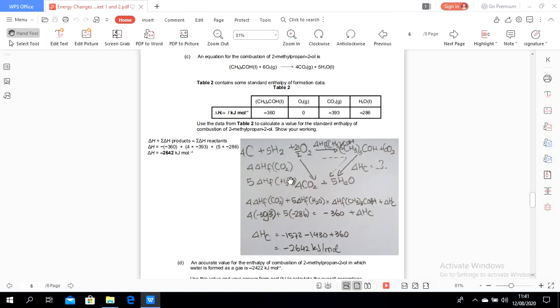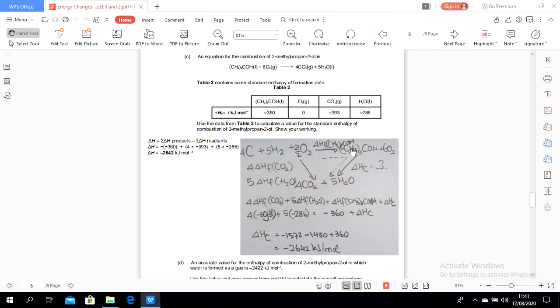And then the question asks for the enthalpy change of combustion, so this ΔHc is the question. From elements become this reactant, consisting of oxygen molecule and 2-methyl propan-2-ol.